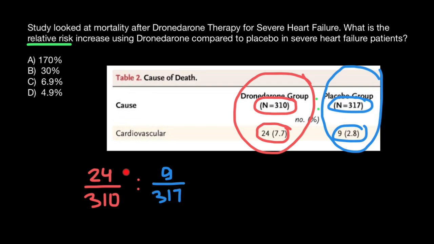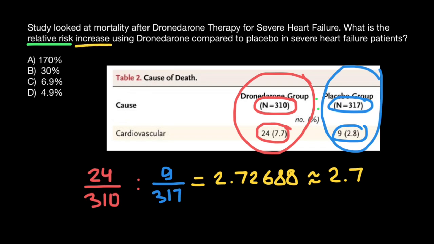So we're comparing the intervention group with the placebo group, or it can be those who took medicine and, for example, a control group. So we are going to get here 2.72688. We can round this number to 2.7.